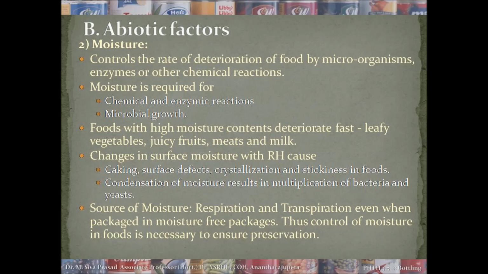Most fruits and vegetables have 80 to 90%, sometimes more than 98% moisture. This kind of high moisture level makes them highly perishable. Leafy vegetables, fruits or any kind of vegetable are highly perishable because they contain a high amount of moisture.